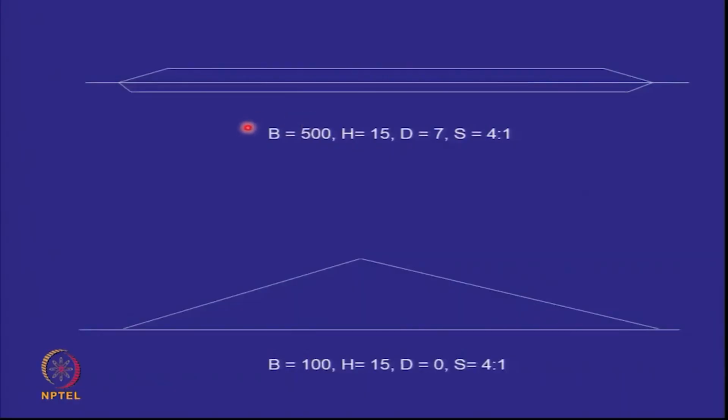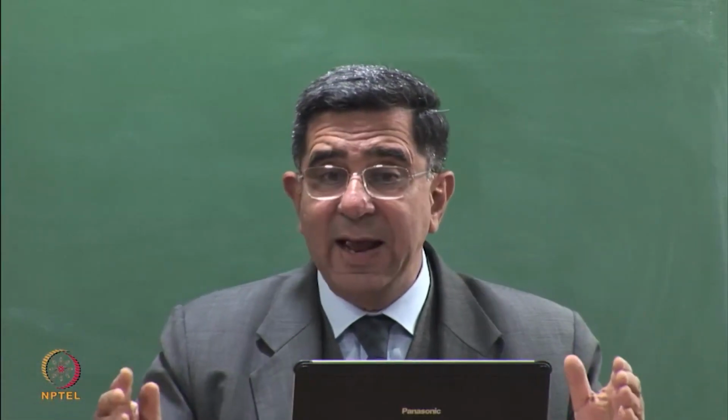Now here I have got B equal to 500 meters. B means the width. And if you look at it, suppose I own 500 meter wide land, which has got a width of 500 meters. Do I actually own everything beneath that boundary, and everything above the boundary?